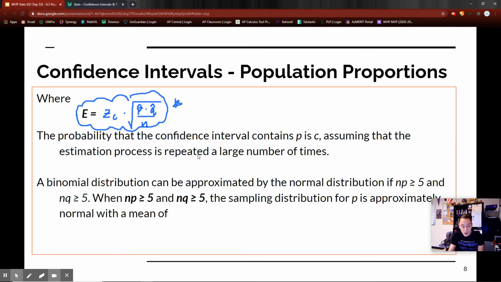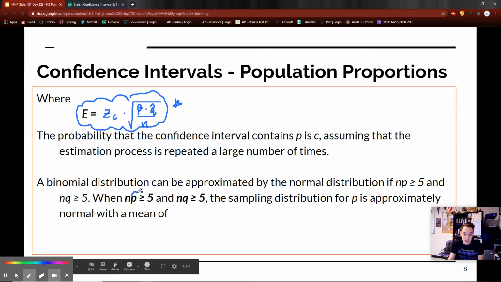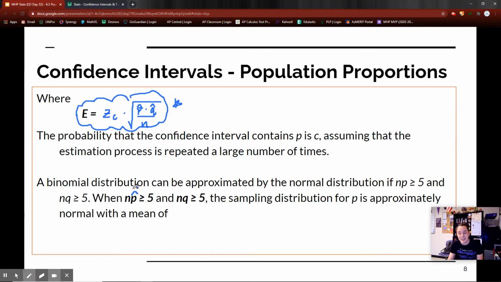Now, a binomial distribution can also be approximated by the normal distribution, something that we sort of already figured out previously, about 4 weeks ago. If n times p hat is greater than 5 and n times q hat is greater than 5, then the sampling distribution for p hat is approximately normal. On your notes, if you're following along, you see a hat there; sorry, I just can't put it on Google Slides.